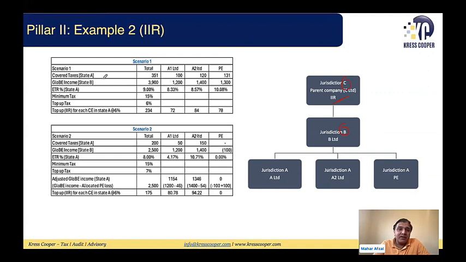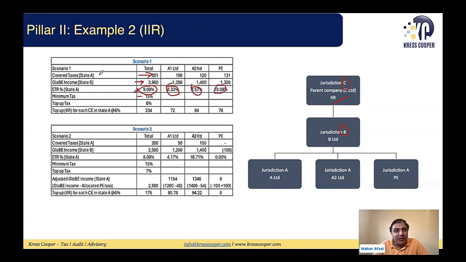We discussed the 6-stage process: identify the entities, identify their income, identify their taxes, calculate the effective tax rate. These are their taxes, this is their income, this is the effective tax rate of the respective entity, and this is the overall effective tax rate, and this is the effective tax rate of the respective jurisdiction.